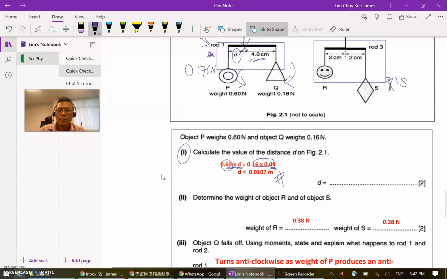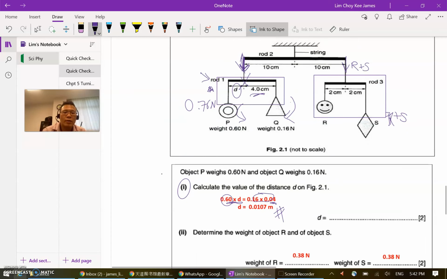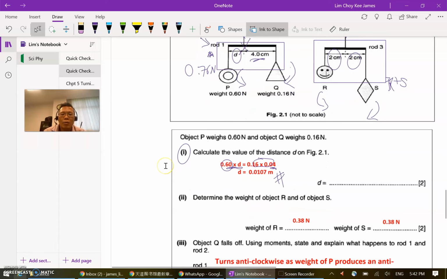Same thing, how to find R and S. How I know R and S is that the clockwise and anti-clockwise moments will be the same, and both of them have equal perpendicular distance. And when I have equal perpendicular distance, I will know that the forces on each of them are the same.